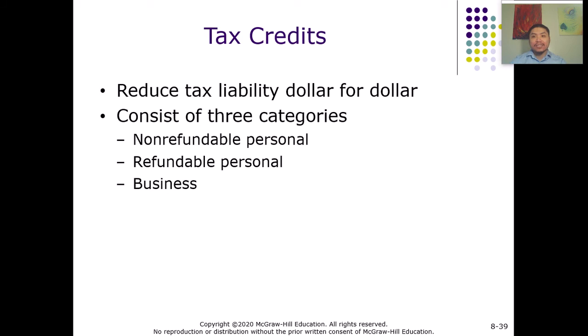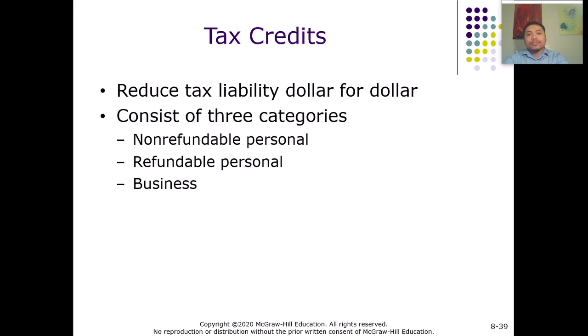But after that, you have to consider whether or not the taxpayer has some tax credits, right? And if the taxpayer has tax credits, then the final tax due is going to be lower than the tax liability number, right? So let's talk about tax credits.